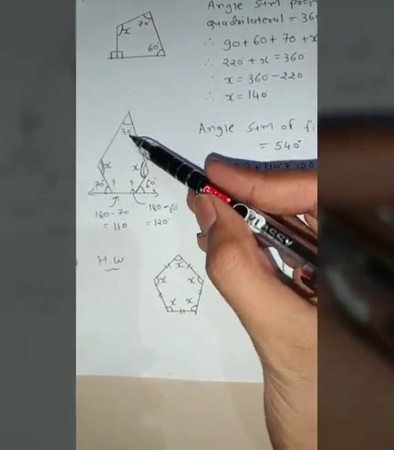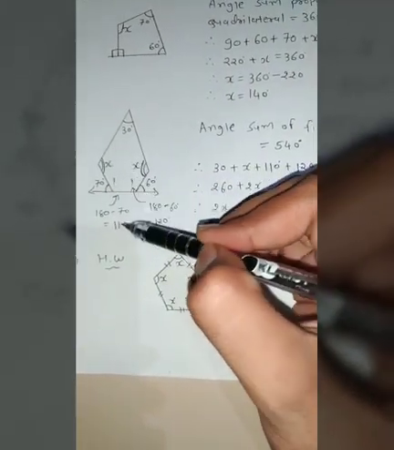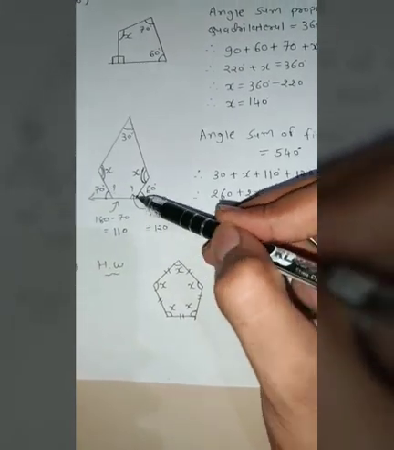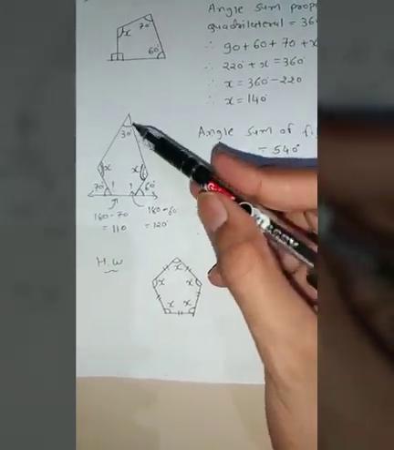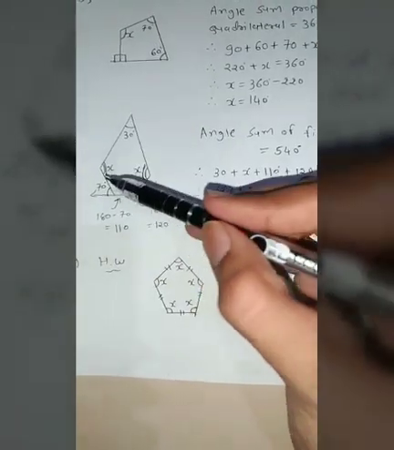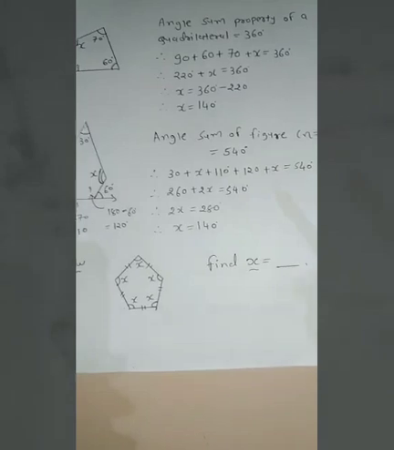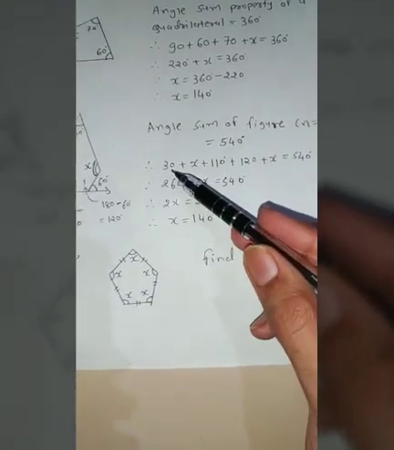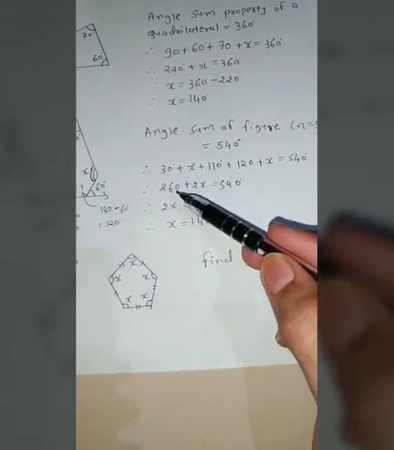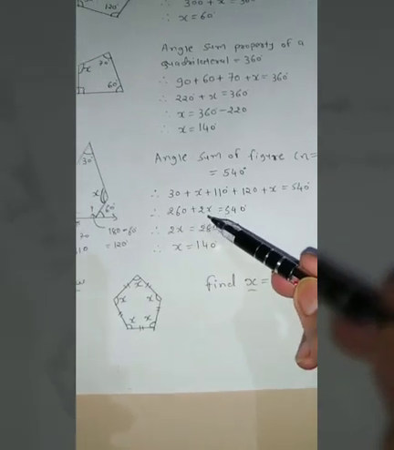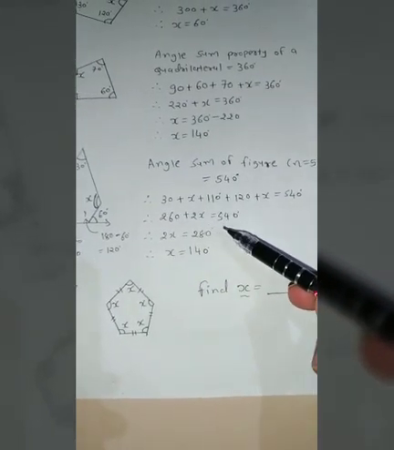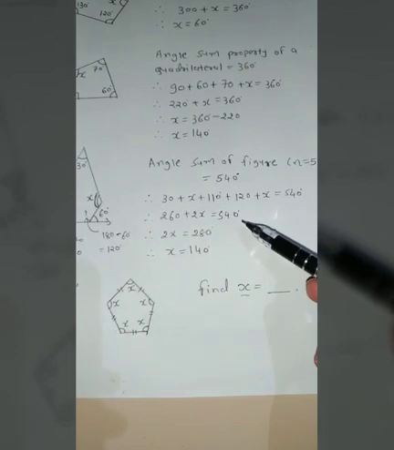First of all, 30 plus x plus 110 plus 120 plus x is equal to the angle sum of this pentagon, which is 540. After simplification, I can find 260 plus 2x is equal to 540.